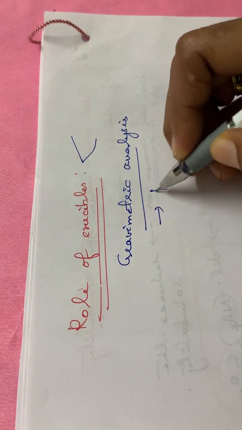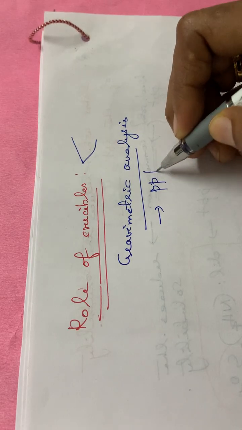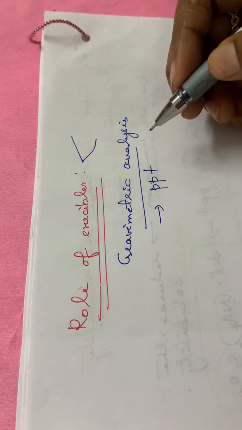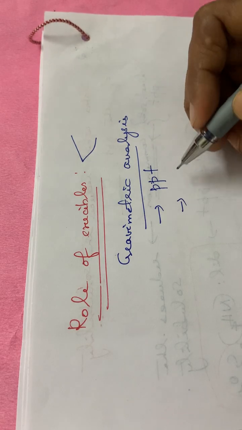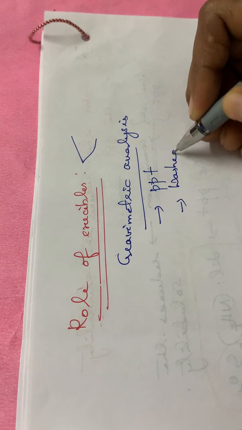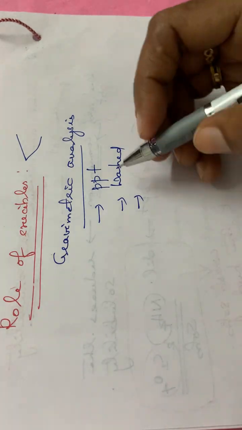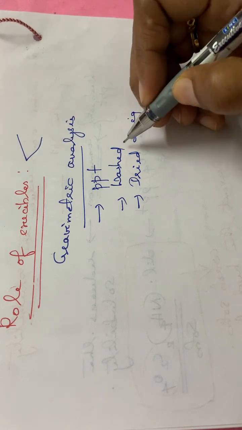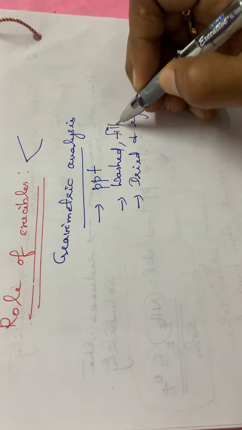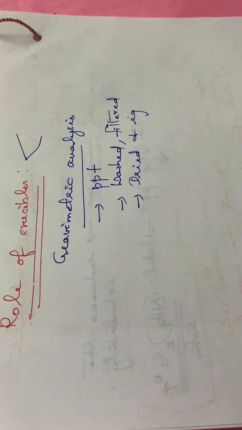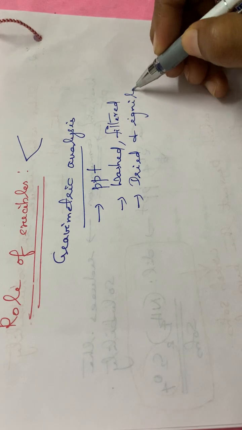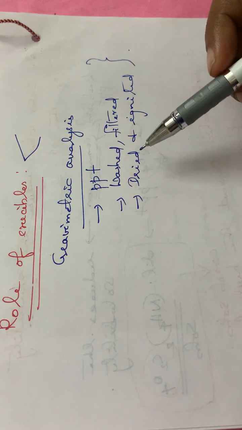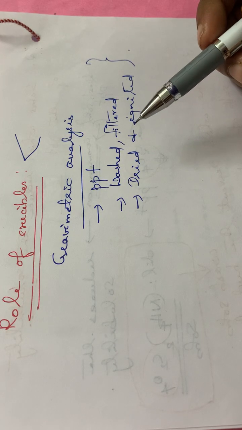First, in gravimetric analysis, we prepare a precipitate after doing a chemical reaction, and after that the precipitate is filtered, washed, dried, and then ignited, isn't it? So this process of estimation of an ion by this mechanism is called gravimetric analysis.